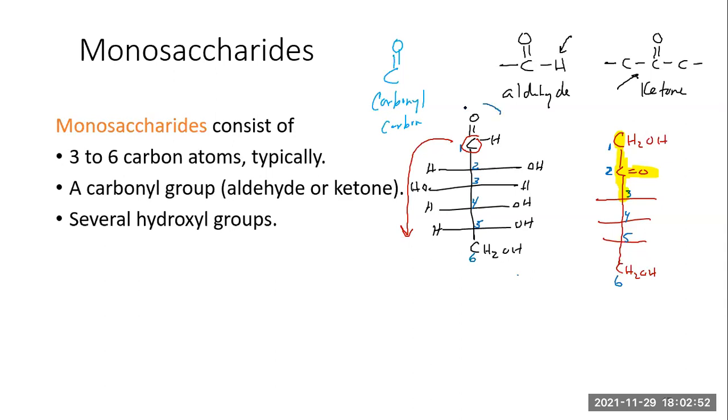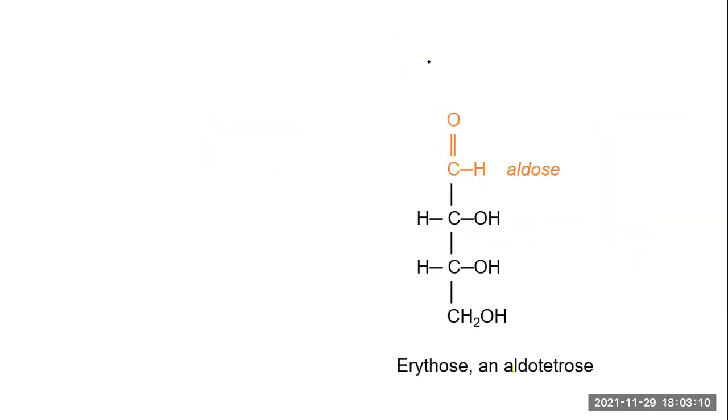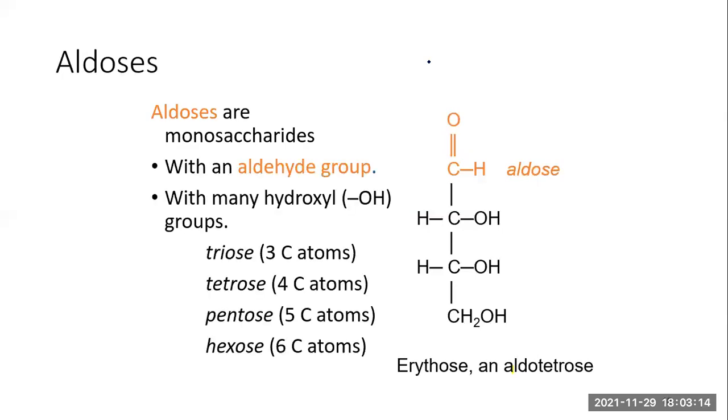So the 2 functional groups that we commonly see on these monosaccharides are either an aldehyde or a ketone. And depending on which one you have, you may have some different naming or ways of identifying what's going on. So let's take a look at these a little closer. If we do end up with that aldehyde group up there on top, let me change colors, I cannot see it.